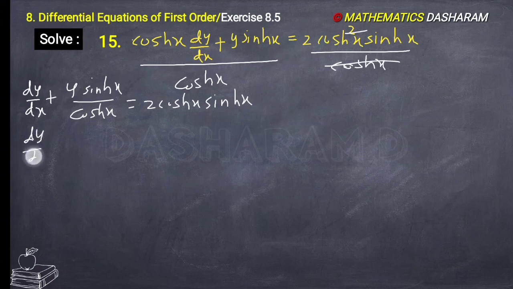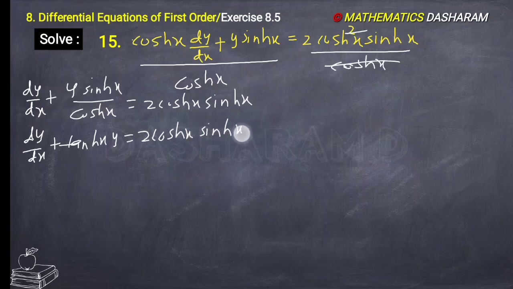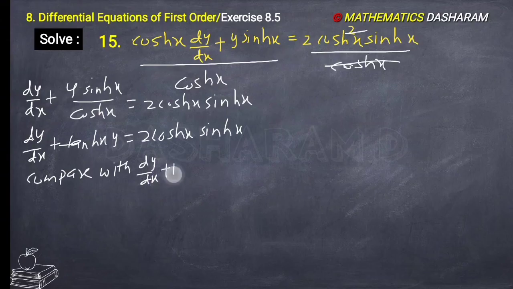So dy by dx plus y into tan hx equals 2 into cos hx into sin hx.